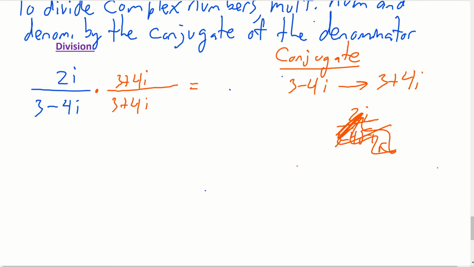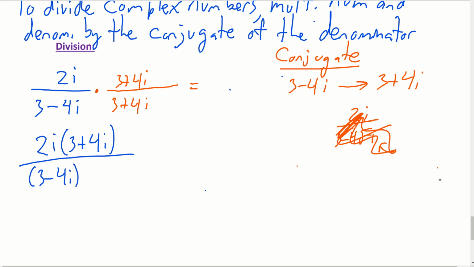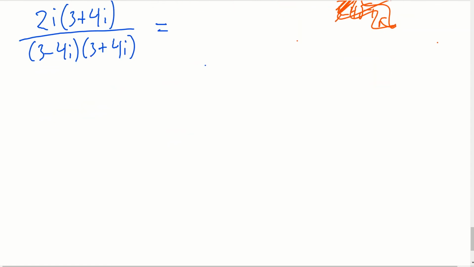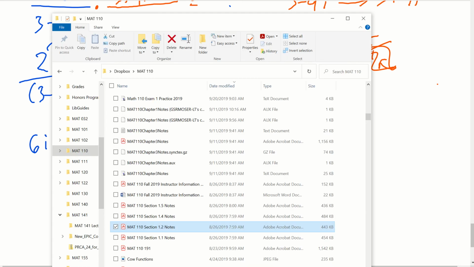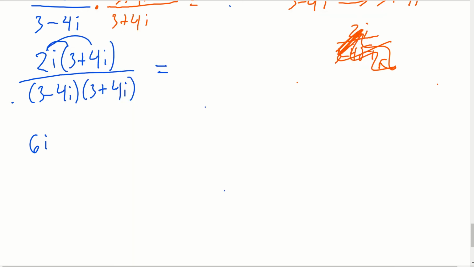So let's go ahead and multiply this out. In the numerator, we're going to have 2i times 3 plus 4i, all over 3 minus 4i times 3 plus 4i. If we distribute in the numerator, 2i times 3 is going to give us a 6i. 2i times 4i is going to give us an 8i squared.